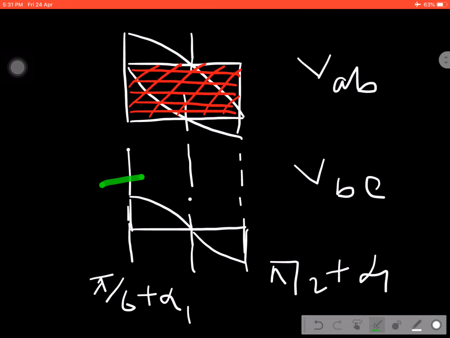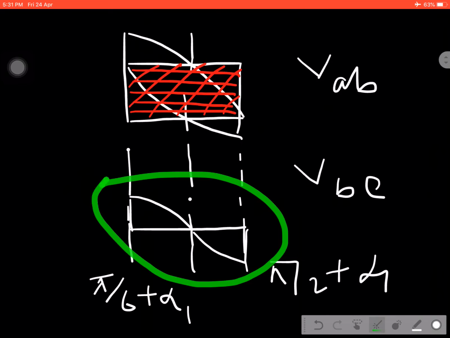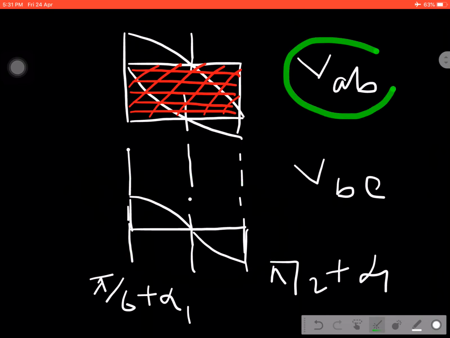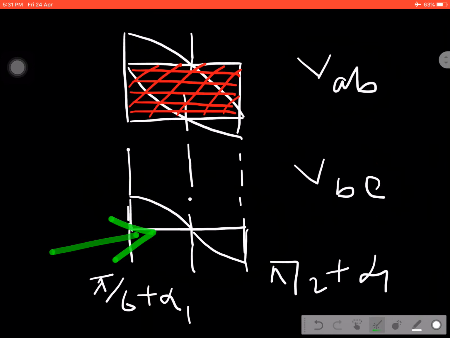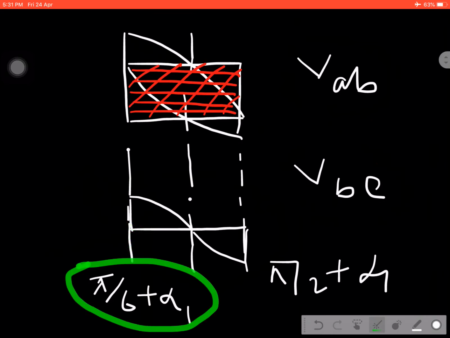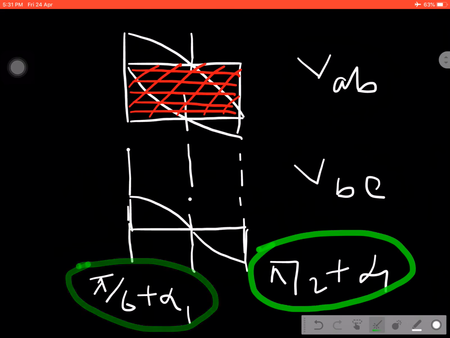It's a very interesting part. That means the difference between VAB minus VBC gives this kind of wave shape, which is confined between the region pi by 6 plus alpha to pi by 2 plus alpha.